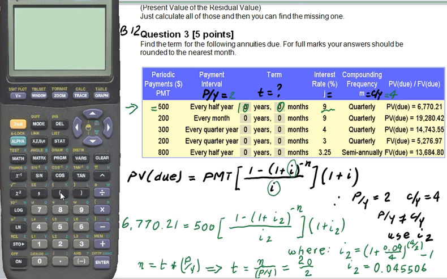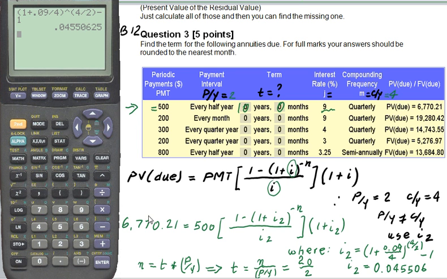So left bracket, 1 plus 0.09 divided by 4, bracket, exponent bracket, number of compounding periods divided by 2, and then bracket minus 1, and enter, and we have exactly the same value as before, 0.0455065, so we mark that down.